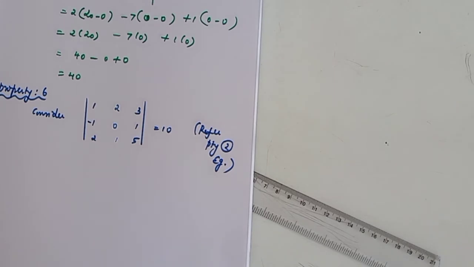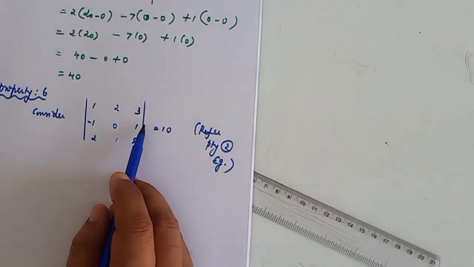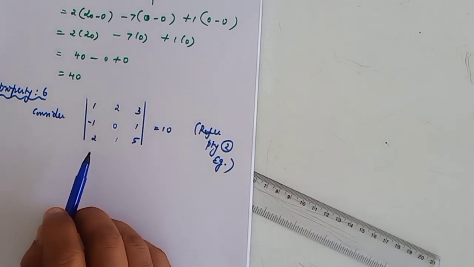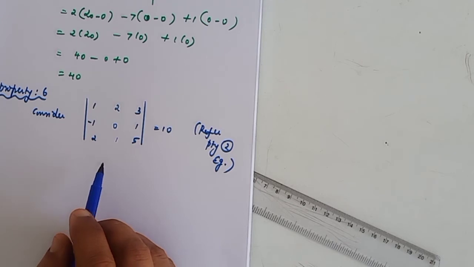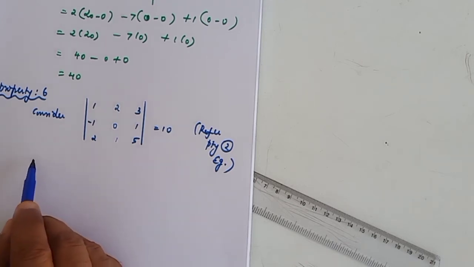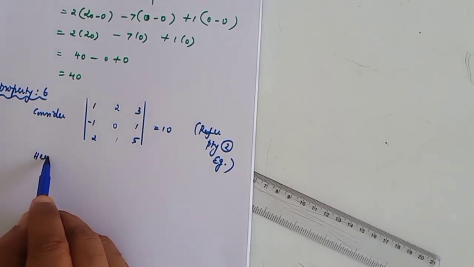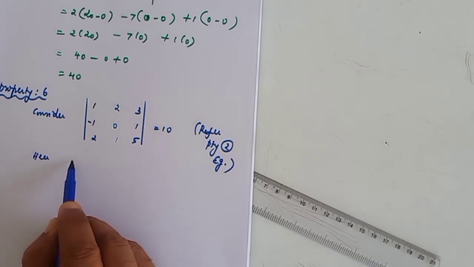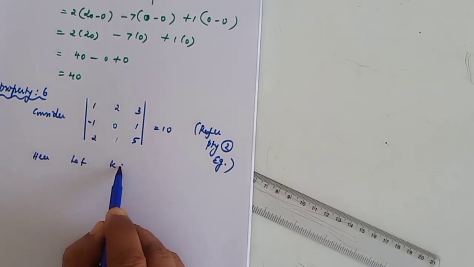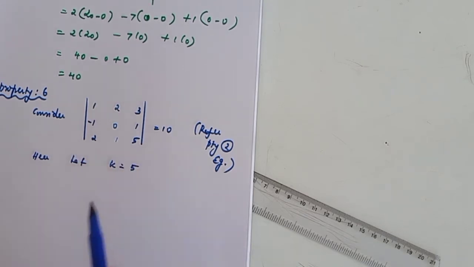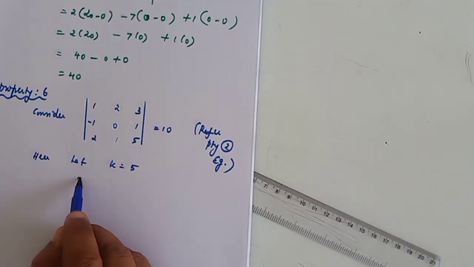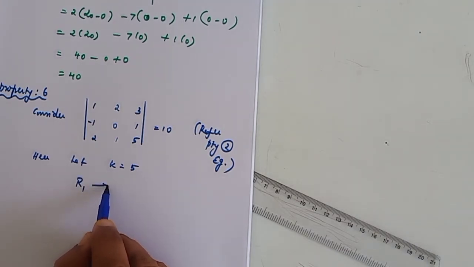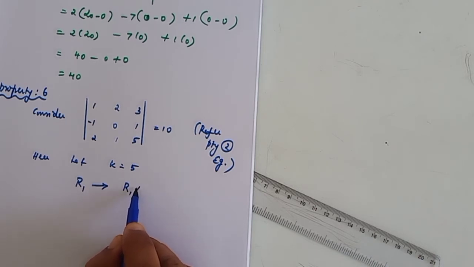Now in property number 6, any one of the rows or any one of the columns is multiplied by the scalar k. Here I take k equal to 5. I am going to multiply R1, that is R1 becomes R1 into 5.